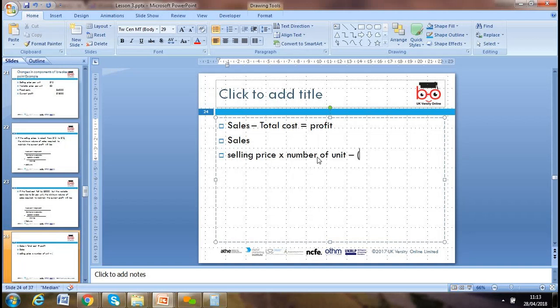If you want to calculate, fixed cost plus variable cost per unit times number of units, that gives you profit.